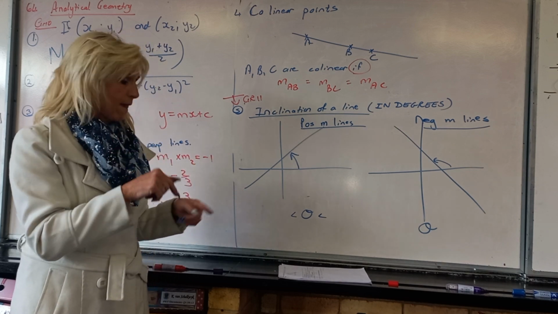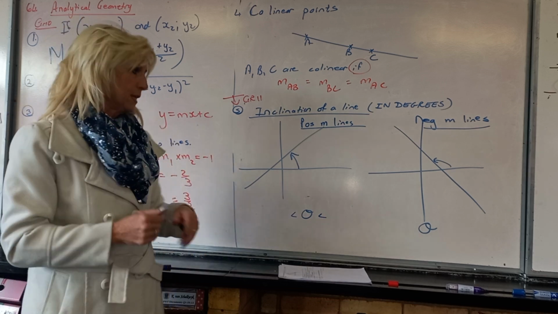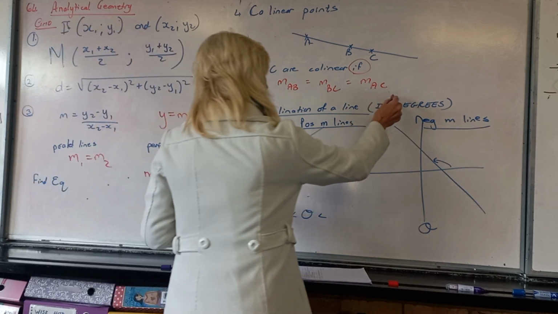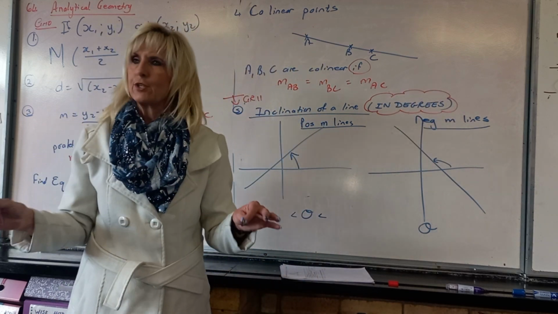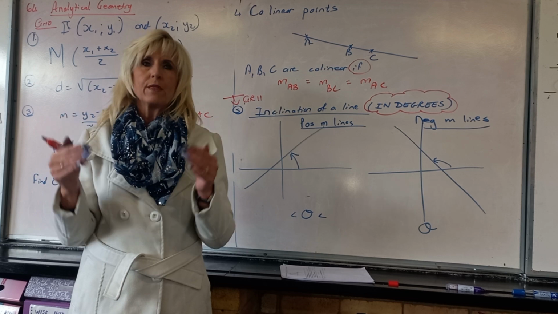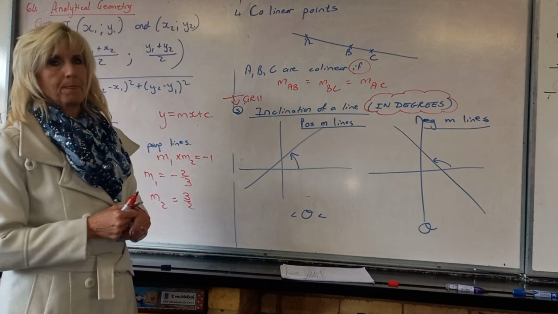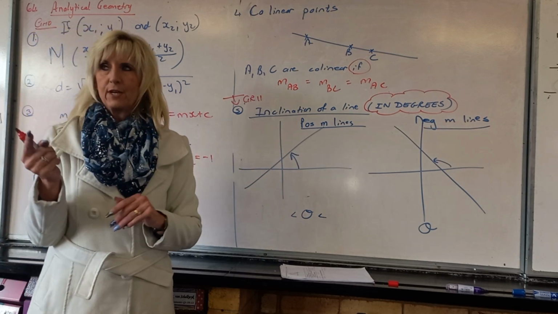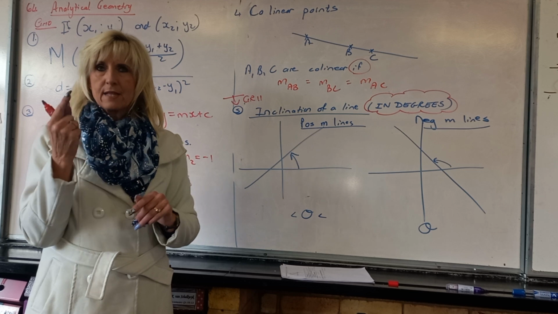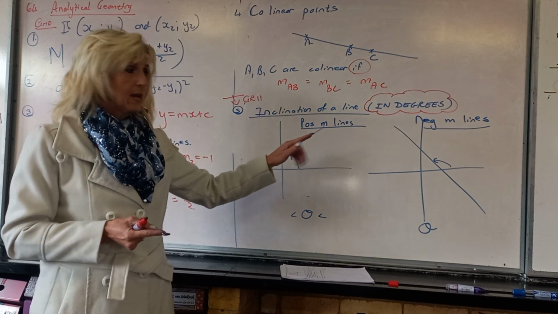All right, so from now on, we are going to ask you to actually work with degrees. So please make a big note of this. The moment that any question in analytical geometry asks you something about degrees, you're going to be working with inclination. Now, the definition for inclination is the angle between the positive x-axis and your line. There's my line.